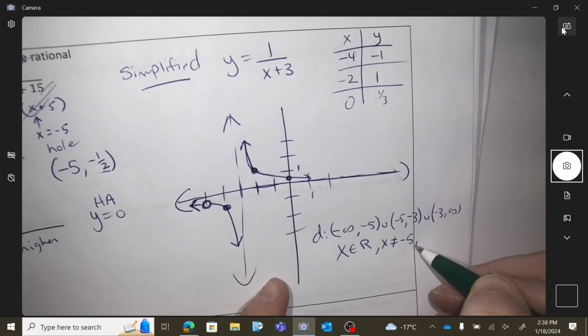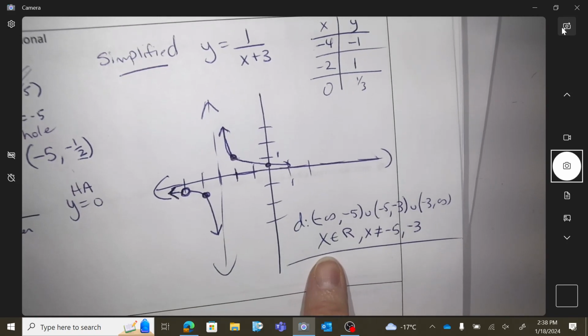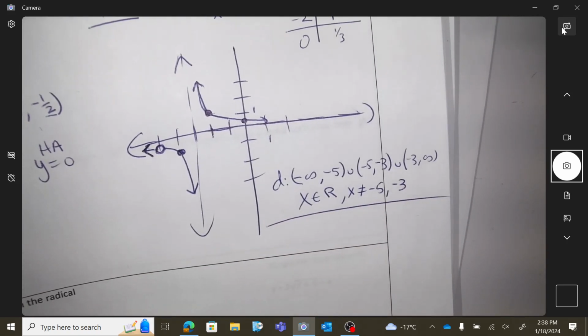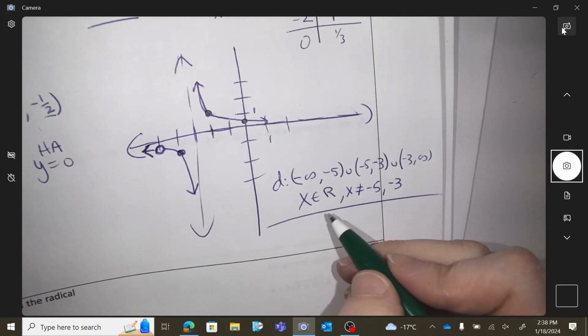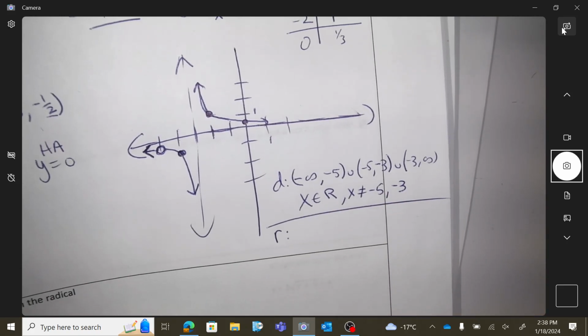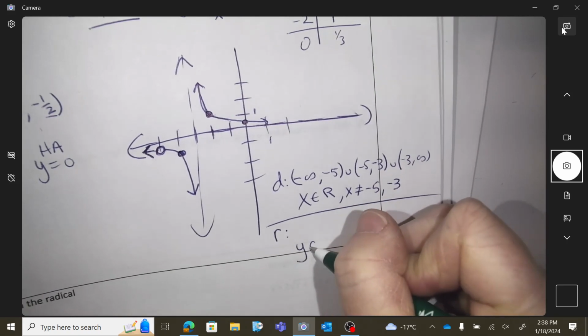Wait, can you do x can equal -5? X can be any real number except -5 or -3. I would accept both.